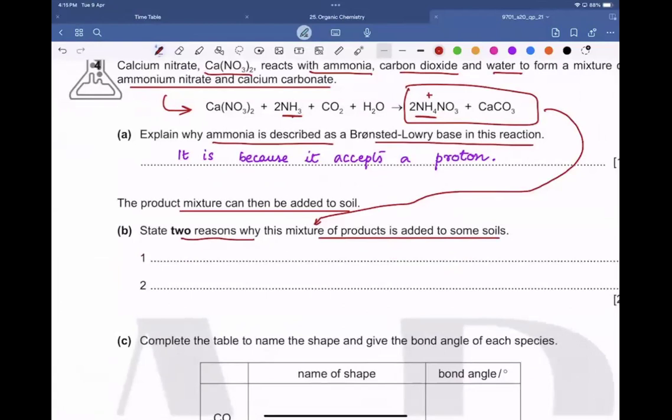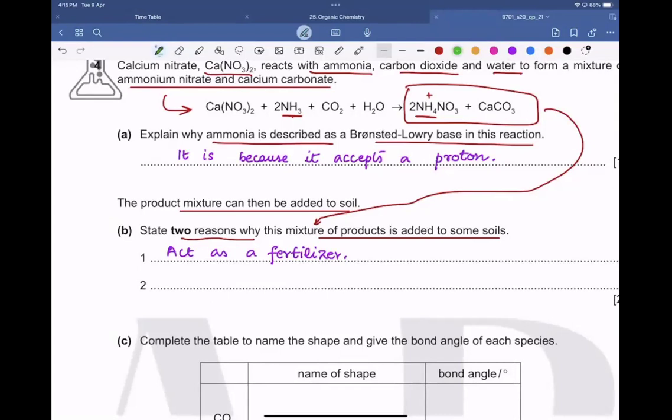Because, yeah, very good, Hassan, very good, Hadi. Ammonium nitrate acts as a fertilizer. So this mixture acts as a fertilizer. Then calcium carbonate is present in the mixture, which actually neutralizes the acidic soil and increases the pH of the soil. So remember, this fertilizer property is due to ammonium nitrate in the mixture.